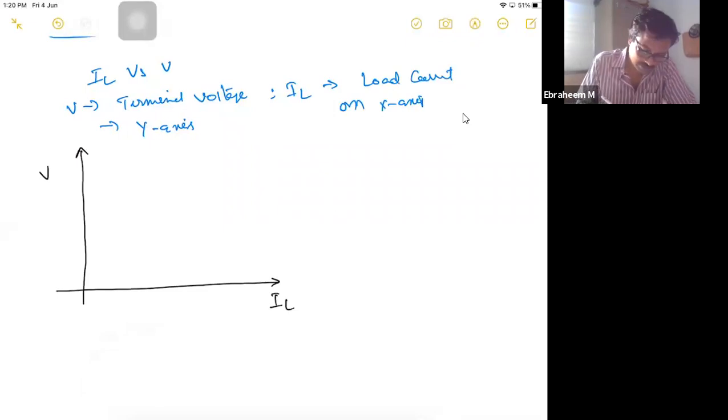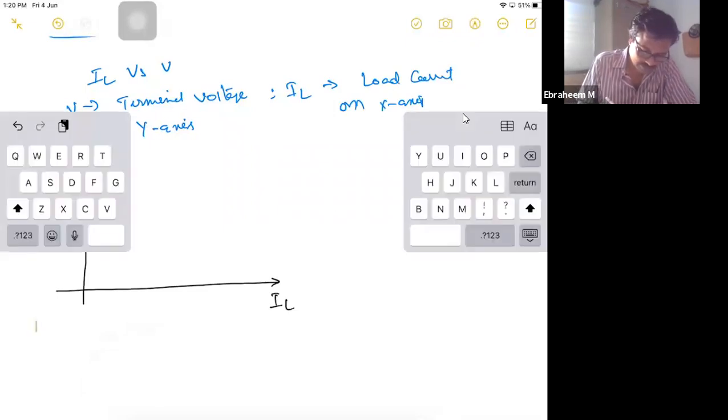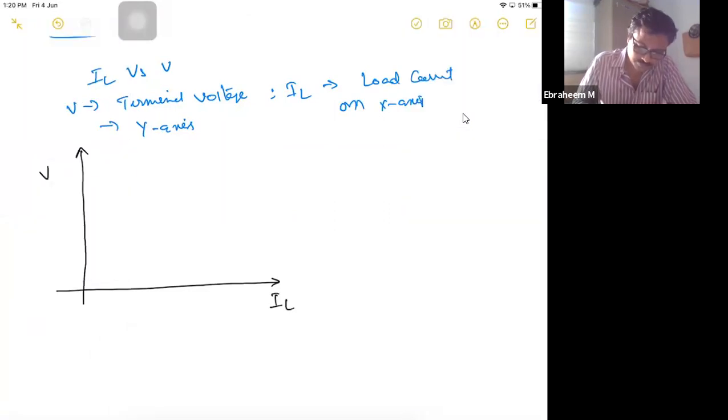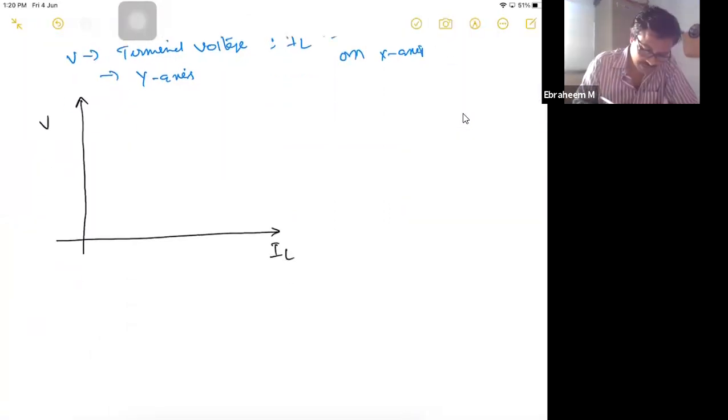So the shunt generator will have, see, here the shunt generator is generally constant. This is the induced EMF or no load voltage, E naught, the no load terminal voltage.